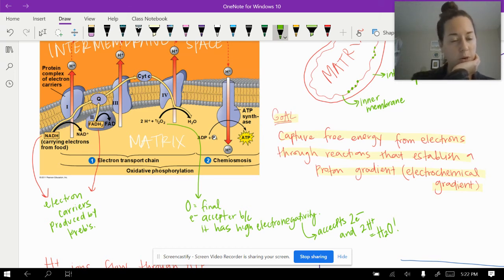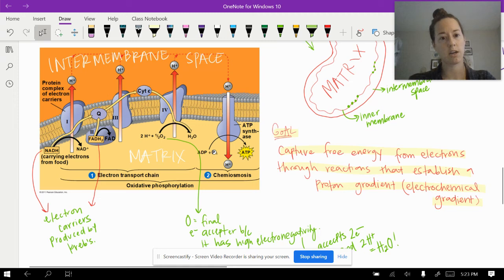But what happens also is that, remember, NADH and FADH2 are not only carrying electrons, they're also carrying hydrogens. So as the electrons are released, the hydrogens are also released, and they are pumped through these membrane proteins into the intermembrane space. So that's what's happening here.